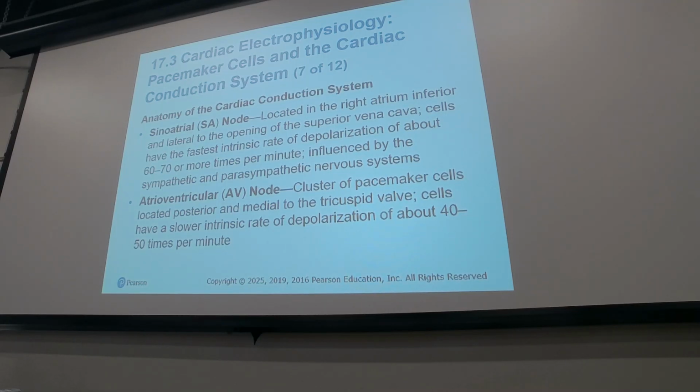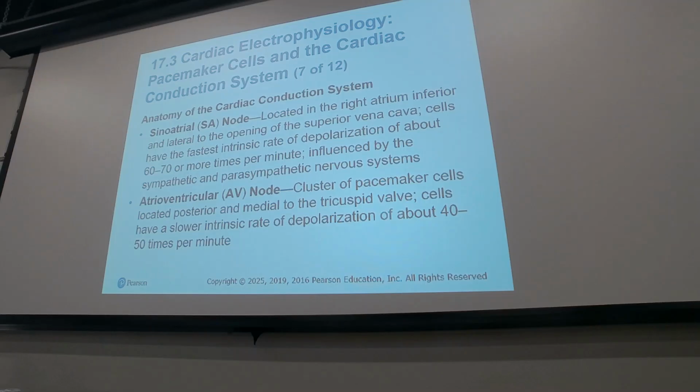This one depolarizes or creates action potentials at a rate of 60 to 70 or more times per minute than the normal cells. So this is influenced by the sympathetic and parasympathetic nervous system.